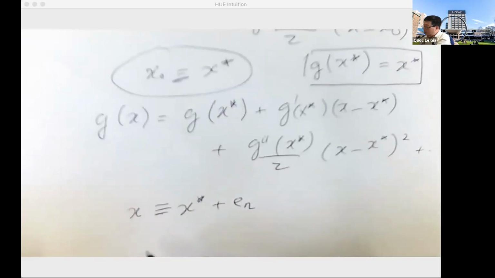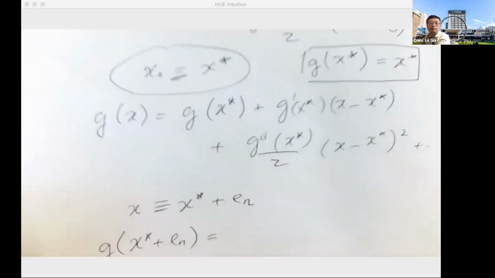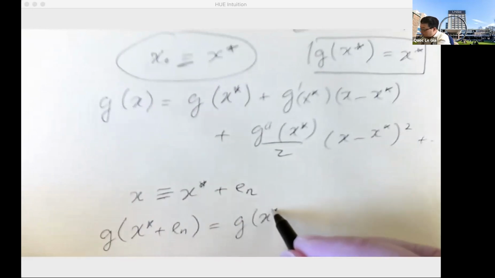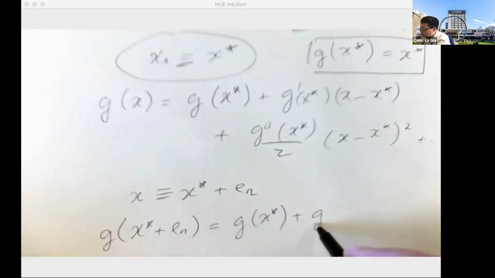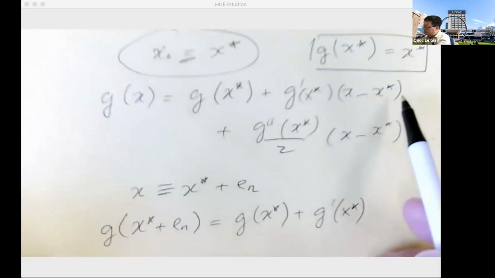So what do I have here? On the left, I have g(x star plus en). And on the right, I have g(x star) plus g prime(x star). Now what is x minus x star?